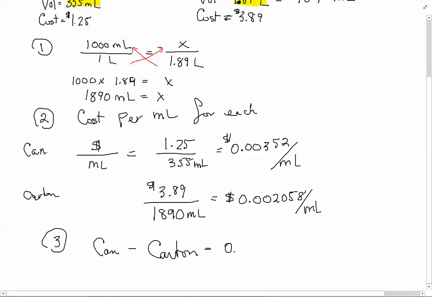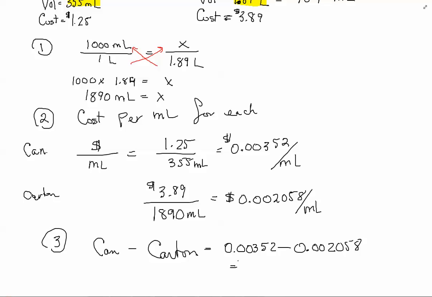So we take 0.00352 and we subtract from that 0.002058, and let's just enter that in and we will see what the savings is. Oh, it helps if I do the full question on the calculator. There we go.